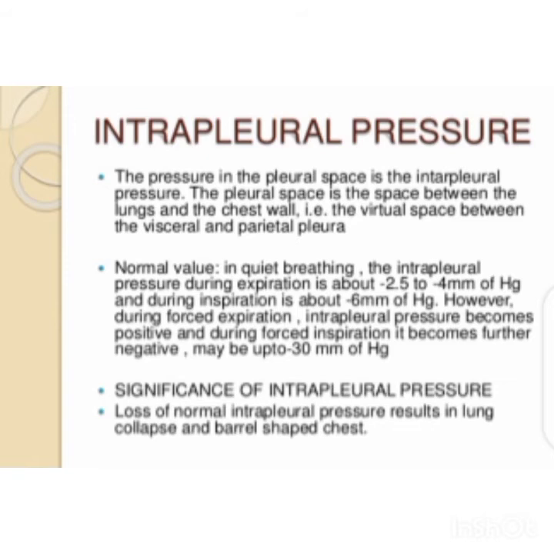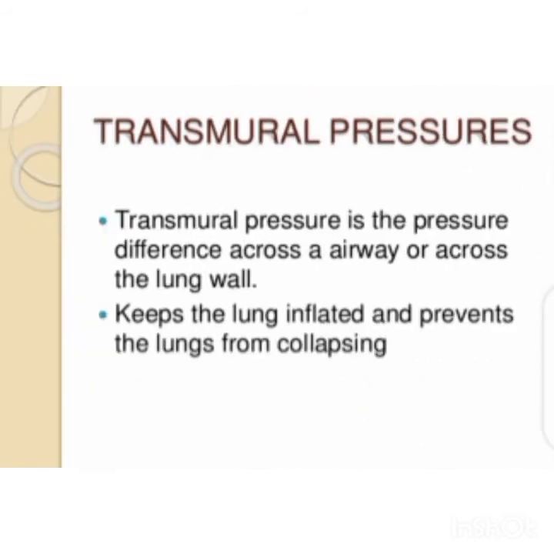However, during forced expiration, intrapleural pressure becomes positive, and during forced inspiration, it becomes further negative, maybe up to 30 millimeters of mercury. Now, the significance of intrapleural pressure is that loss of normal intrapleural pressure results in lung collapse and barrel-shaped chest.